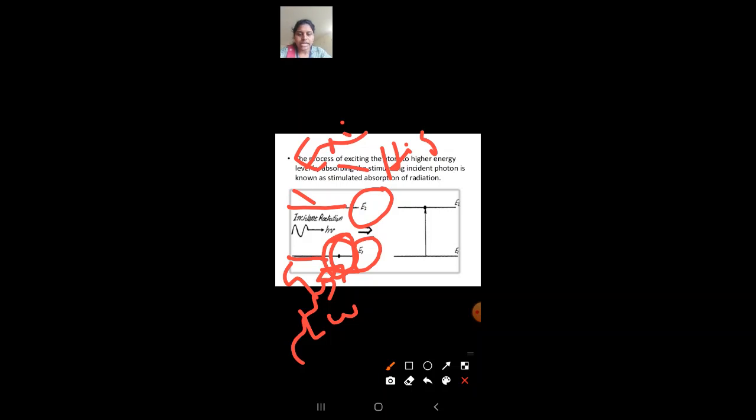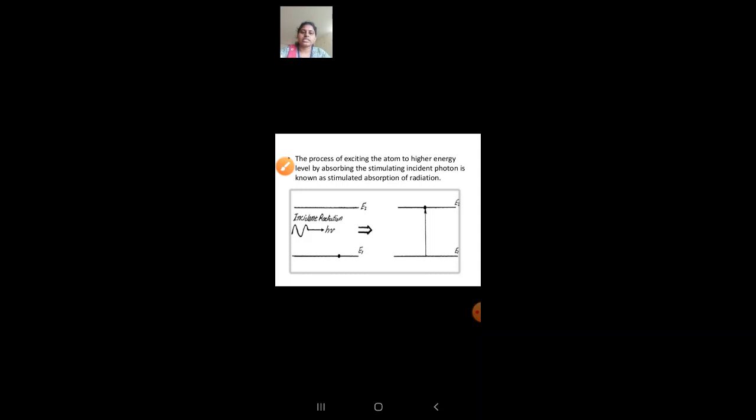The electron absorbs that energy and the particle is excited. That means the particle is in the higher energy state or excited state. So this is stimulated absorption of radiation.